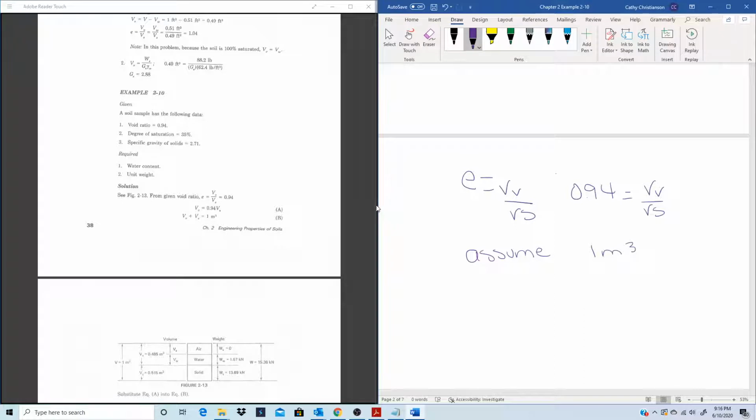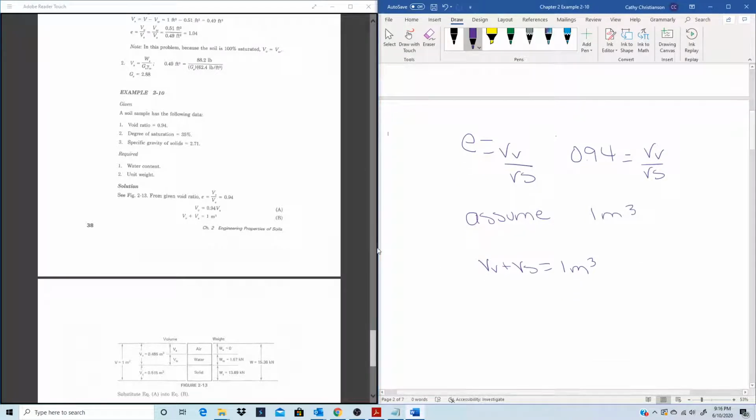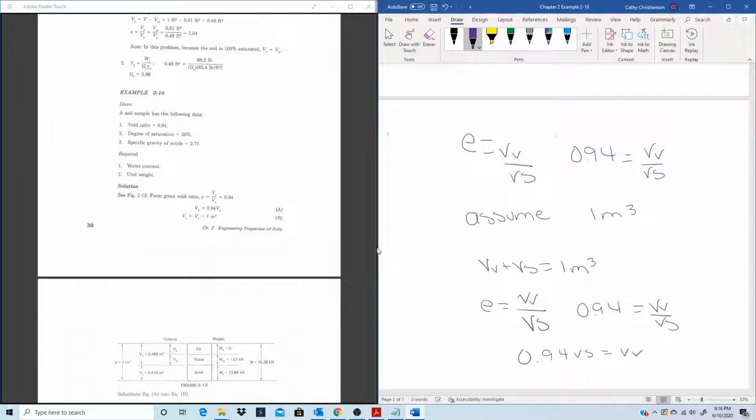If I solve for VS, VV plus VS equals 1. And when we did void ratio equals VV over VS, which is 0.94 equals VV over VS, that gives me 0.94 VS equals VV.